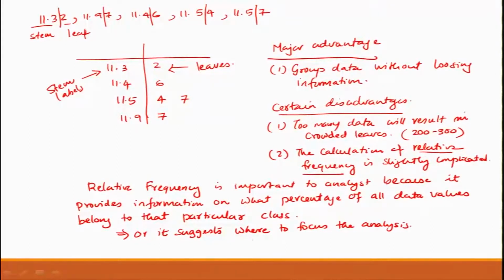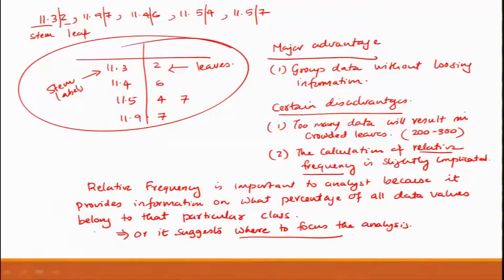Okay. That is the most important aspect of the relative frequency, and calculation of the relative frequency is not very straightforward when you have a diagram like this. Okay. It is much easier to do that in the case of an original frequency distribution.